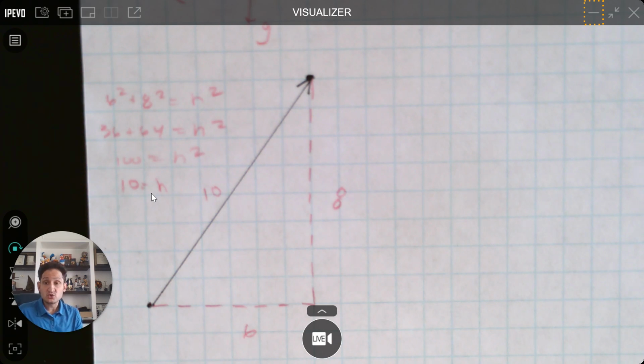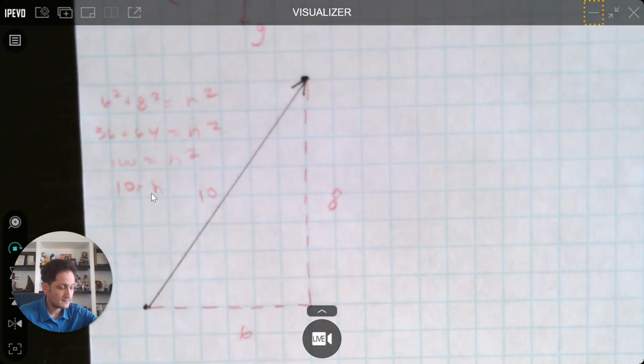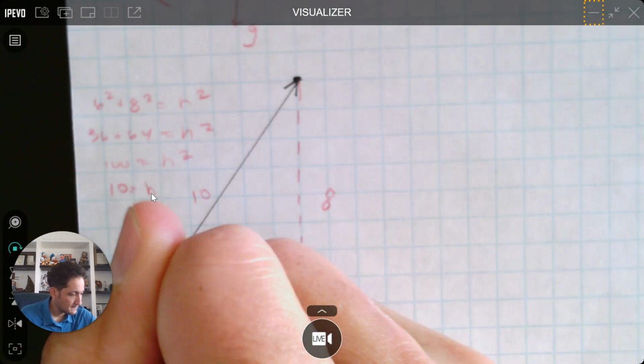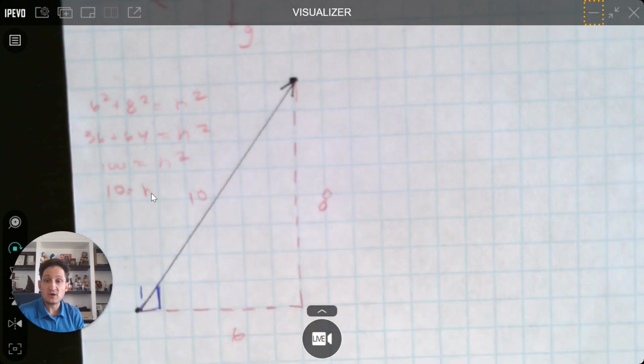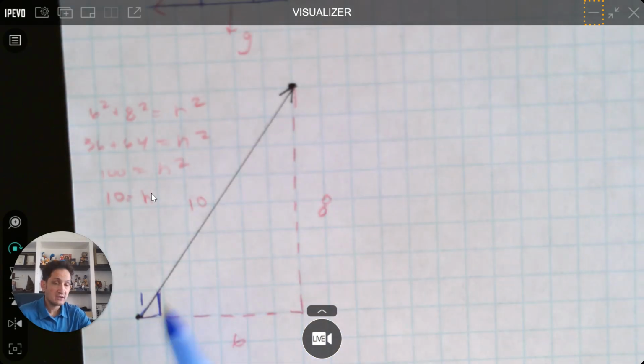Well, in essence, what you're doing is creating a similar triangle. If that triangle is 1, I've taken 10, divided it by 10 to get 1. So I should divide all of these legs also by 10 to get the corresponding components of the unit vector.